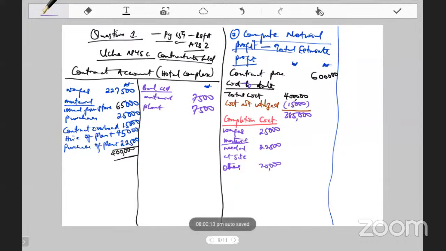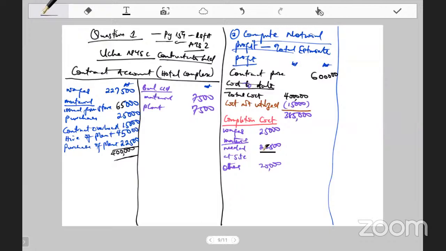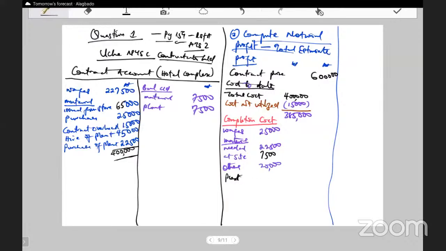So that is that. We can now wrap up by looking at what are the costs at the end. My cost at site for the material is still 7,500. Then for the plant, what is the carrying amount of the plant? 7,500.